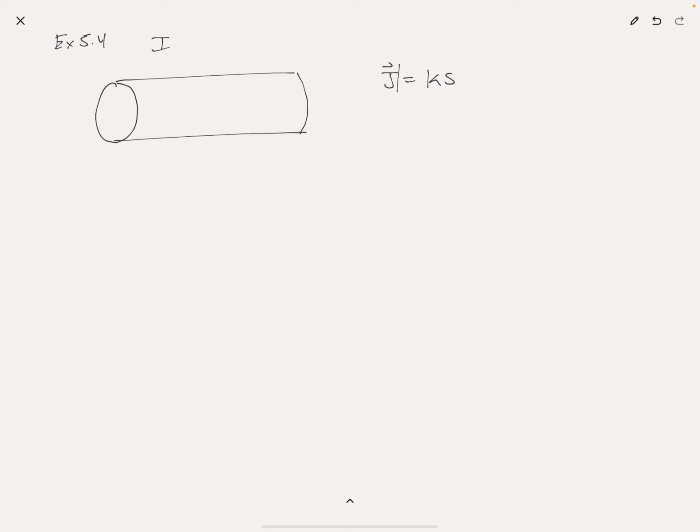I'll say that this is the magnitude K times S, where S is the distance from the center of my cylinder. The direction is along the cylinder.